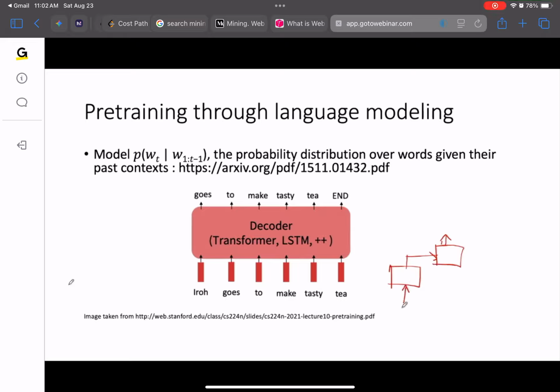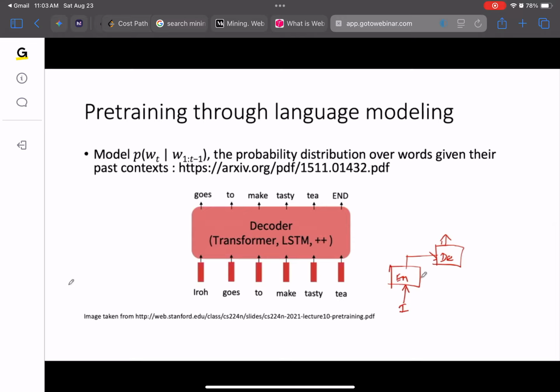So we have an input, an encoder, and a decoder here. In the original setting of the transformer, there was no pre-training done. It was only supplied with a parallel corpus, and the self-attention etc. was learned from scratch.